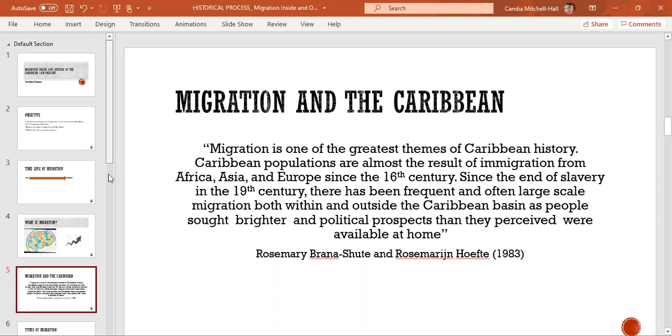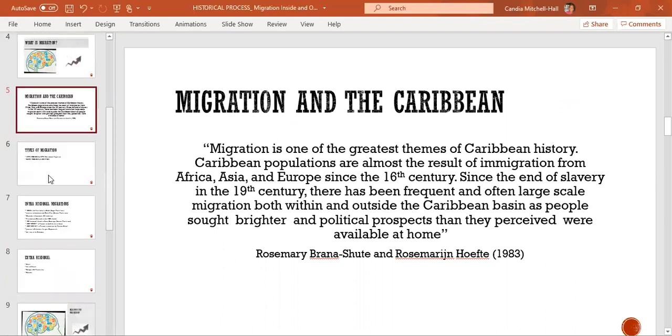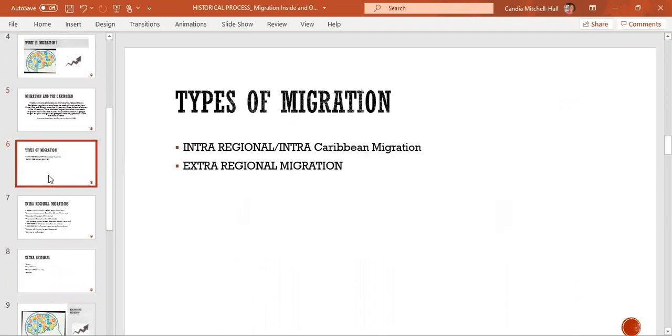And that is so true because we have two types of migration taking place. We have inter-regional migration and extra-regional migration. Inter-regional is also called intra-Caribbean migration. What do we mean by inter-regional or intra-Caribbean migration?